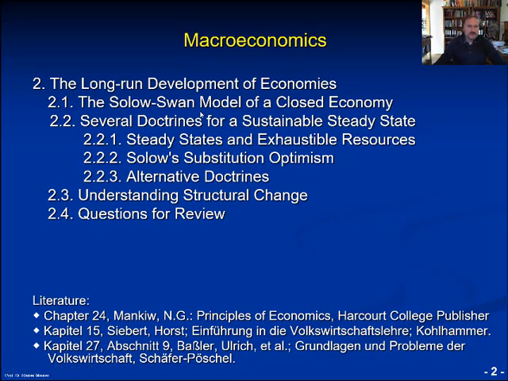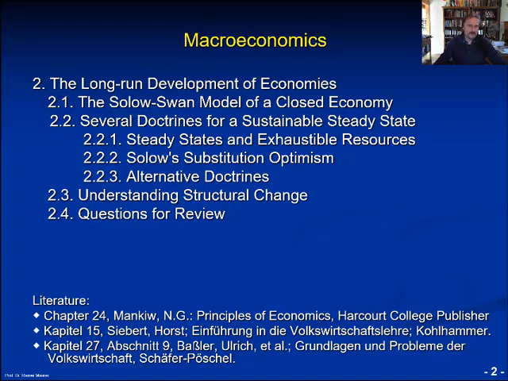As we will see, this theory describes the empirical data quite well. It predicts that in the absence of technological progress, every economy reaches in the long run a so-called steady state, where GDP is constant.